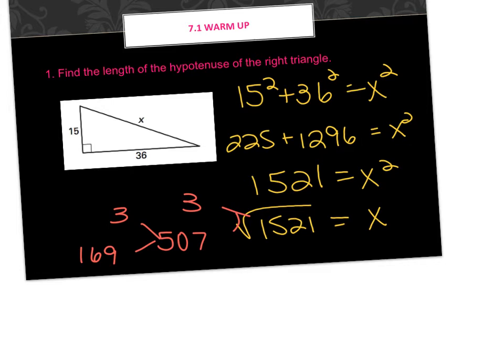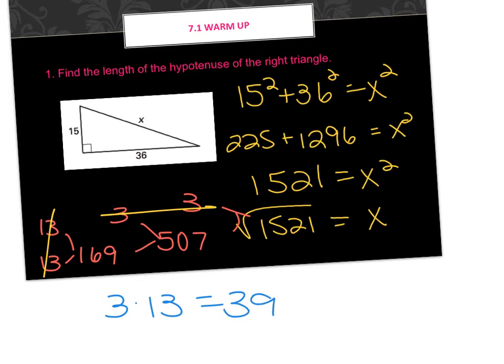And 169 is 13 times 13. So there's 2 3s, which means 1 3 comes to the outside, and there's 2 13s, which means 1 13 comes to the outside. Multiply them together, 39, and there was nothing left underneath. So x is just 39.